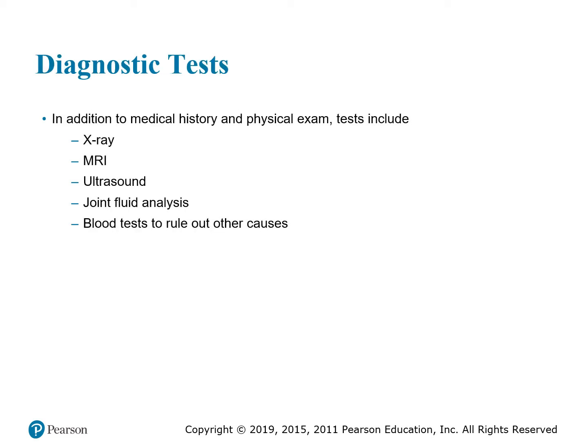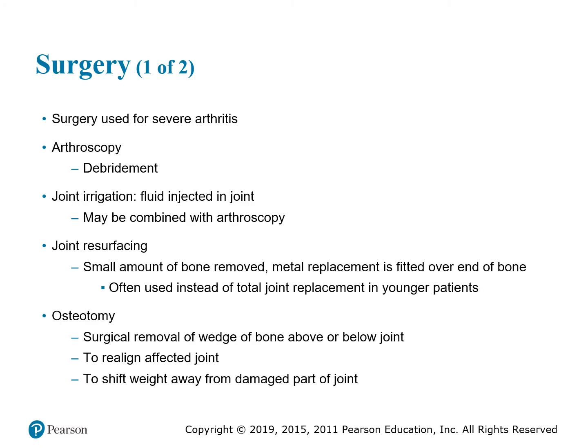Diagnostic tests: x-rays, MRI, ultrasounds, and joint fluid analysis. And so they'll go with a needle aspiration and pull out the fluid, and it makes it feel a lot better, but they're assessing to see if there's infection in it as well, which can lead to osteomyelitis. Blood tests to rule out other causes, to see if it's rheumatoid arthritis or some other type of disease like cancer. Surgery.